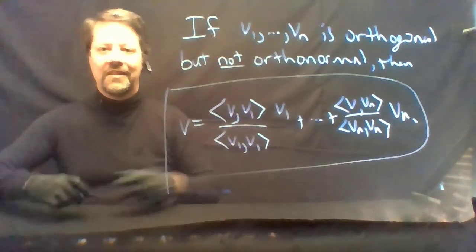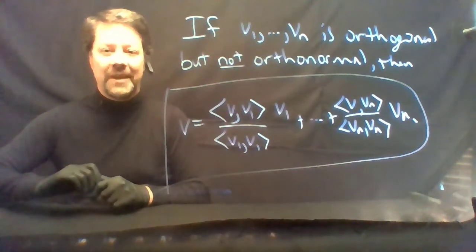So this will work for general orthogonal bases. This idea of decomposing vectors into these orthogonal pieces is the basis for something called Fourier series. I'll show you that in the next section.